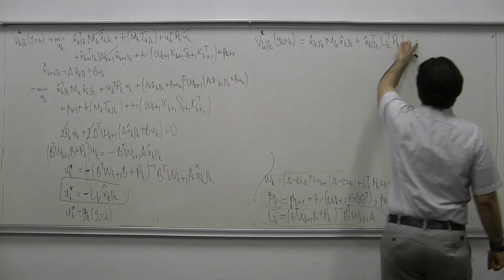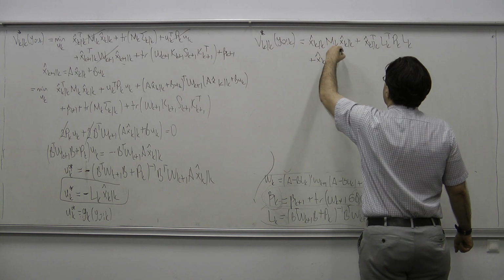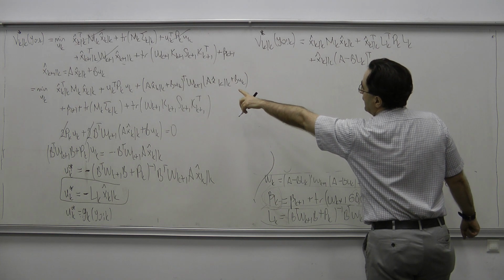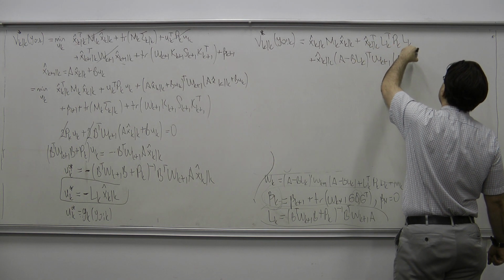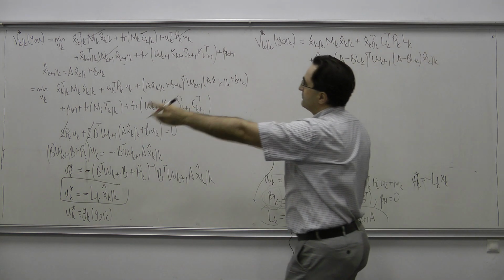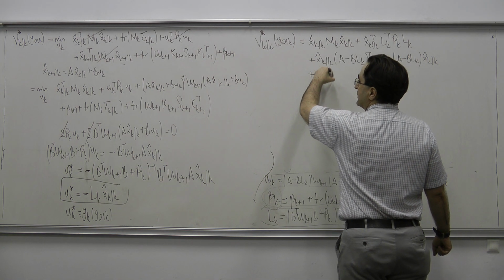So this is going to be plus x at k given k transpose, A minus B Lk transpose, Wk plus 1, A minus B Lk x at k given k. And I have the rest of the terms, plus beta k plus 1.